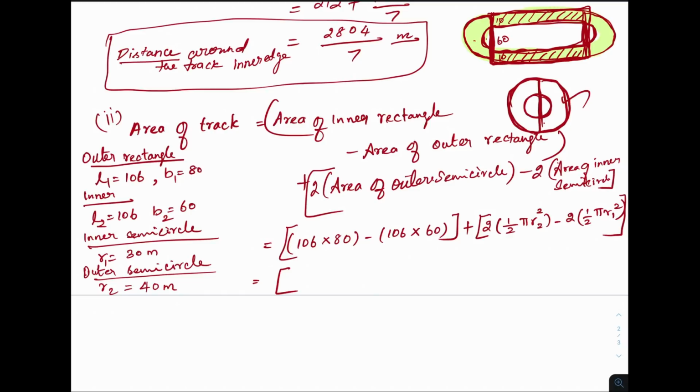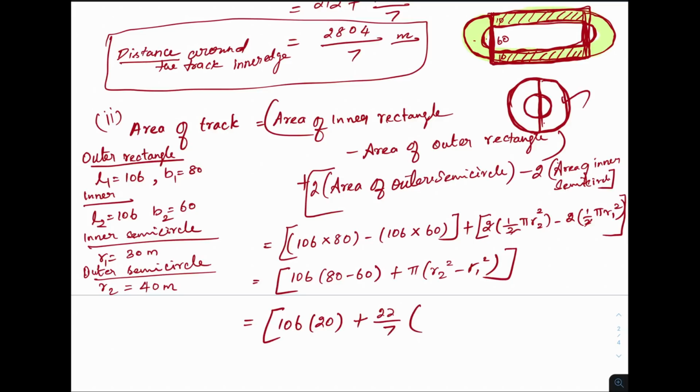So here we can take 106 outside. So this will be 80 minus 60 plus, here the 2 cancels. So what will be the remaining? Pi times R2 square minus R1 square. Now we can do it easily: 106 into 20 plus pi value 22 by 7 of R2 square, 40 square, minus 30 square.